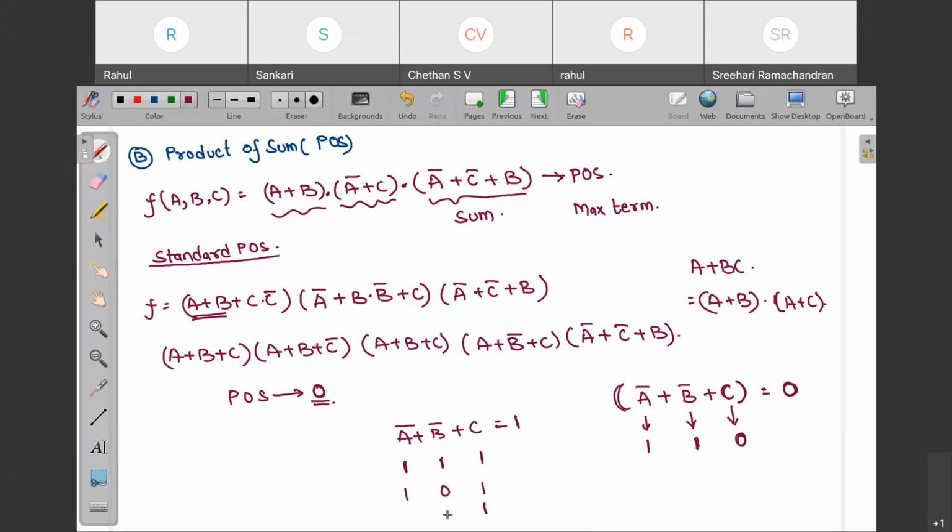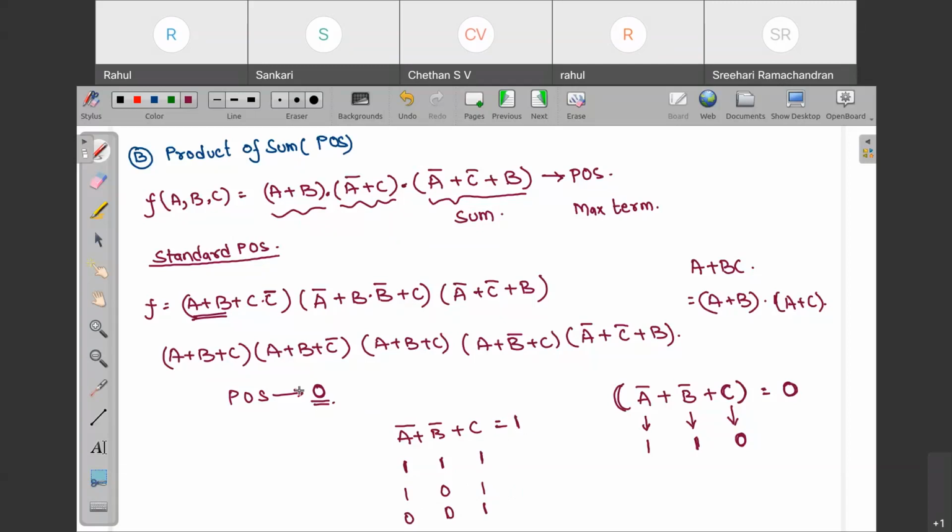If I take C equal to 1, B equal to 0 and A equal to 0, still you will get 1. So that means whenever we want to make POS, we always look for zeros.